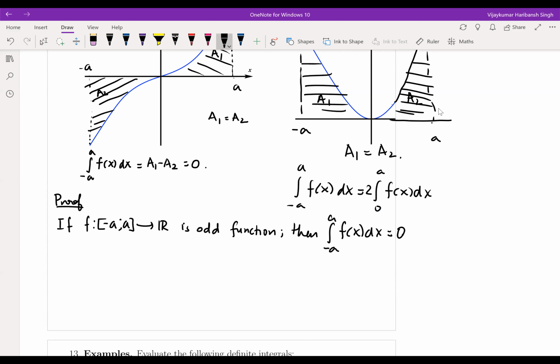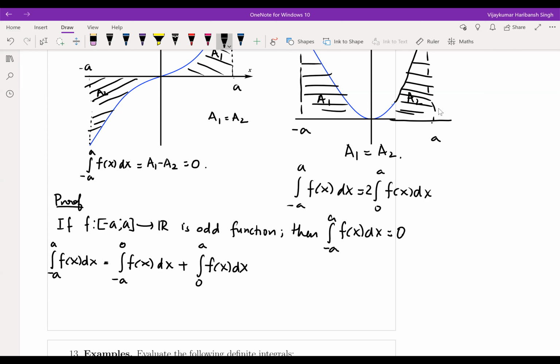So let's see the proof without the diagram. We break the integral from minus a to a of f of x dx as the integral from minus a to 0 of f of x plus the integral from 0 to a of f of x dx.